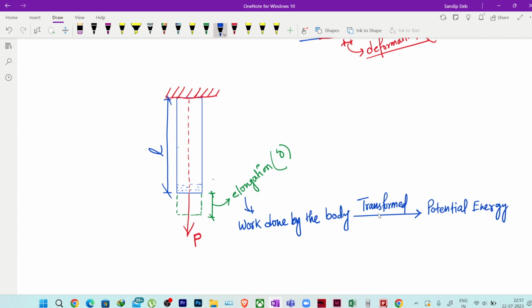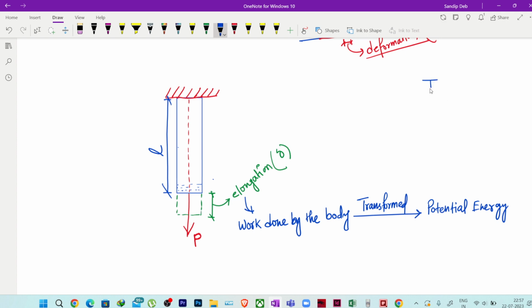This is the work that the body has done while elongating. So this work will be transformed to potential energy in this particular bar. Correct? Fine. So this is the same thing in case of a spring also.